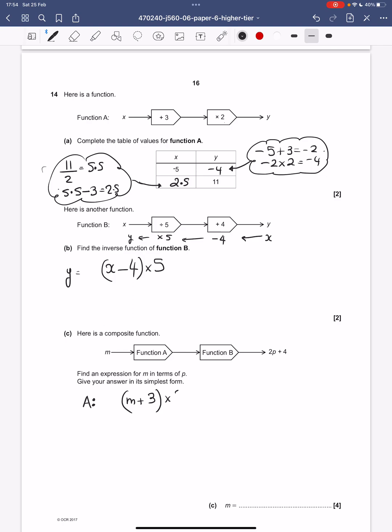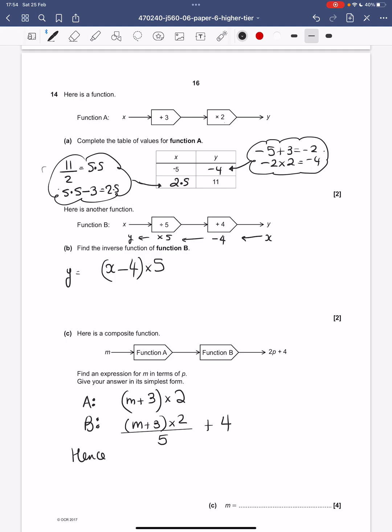So again, it's all times 2. And then we've got to do function B to it. We've got to divide by 5, and then we've got to add 4. So it's m plus 3 times 2, and divide by 5, so you've got to divide all of that by 5. Then you've got to add 4. And out pops 2p plus 4.